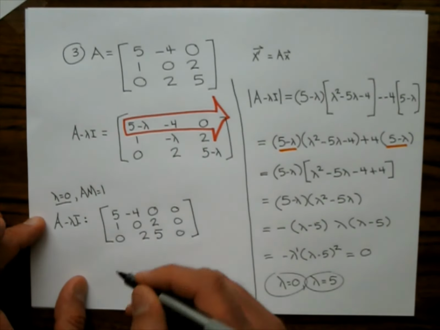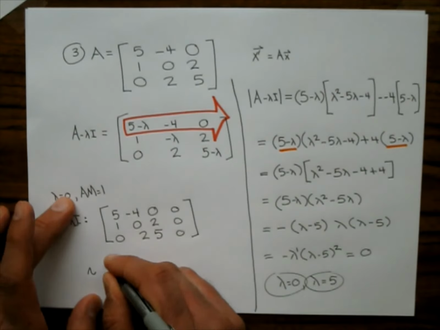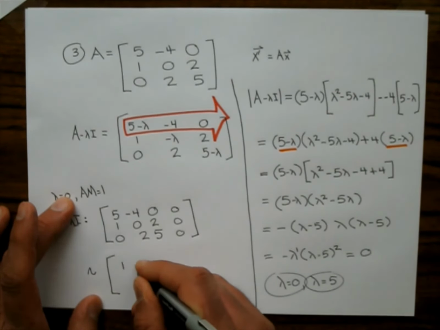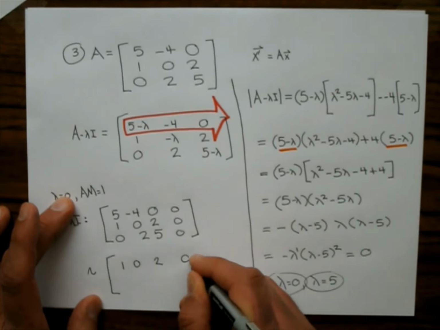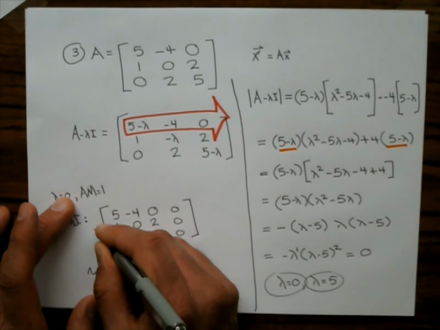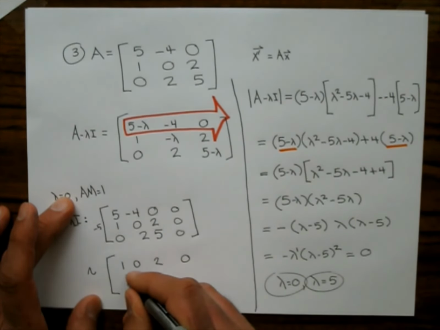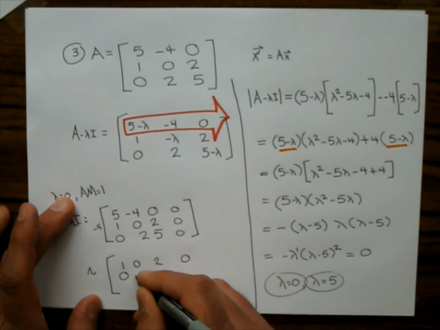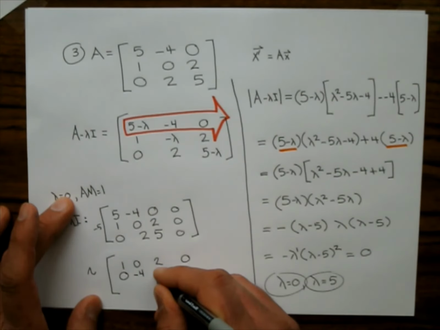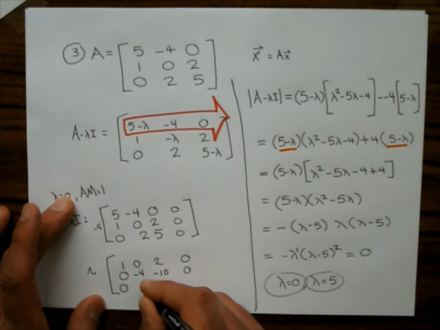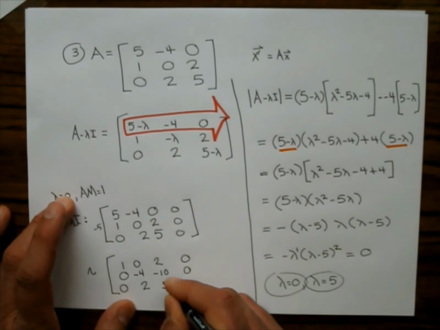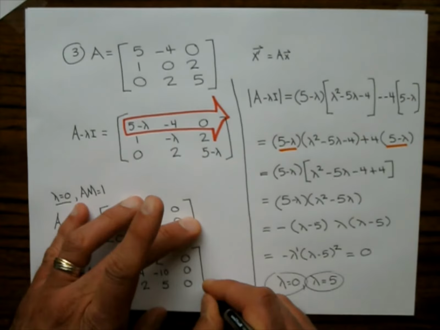So what am I going to do? I'm going to do some row operations here. I have 1, 0, 2, 0. Multiply middle row by negative 5, add it to the top row, so I'm going to get 0, then negative 4, negative 10, and 0. And then the last row is 0, 2, 5, 0.